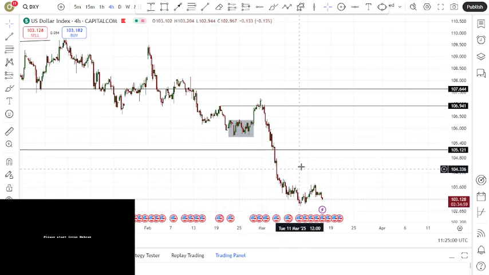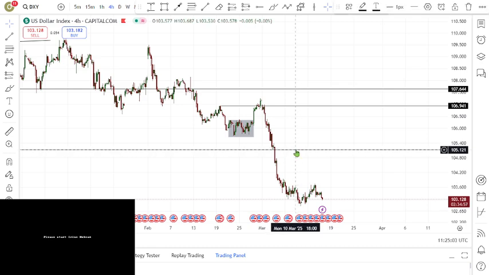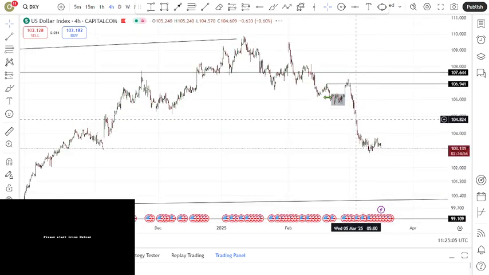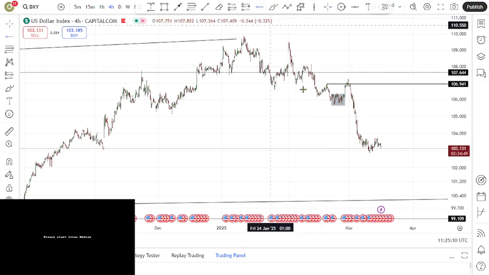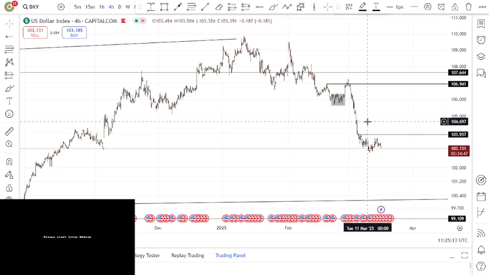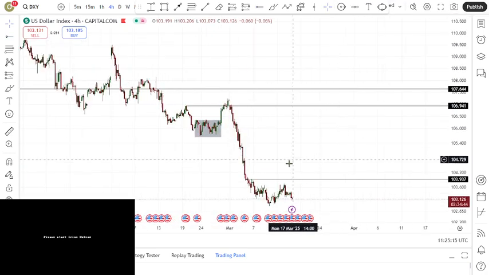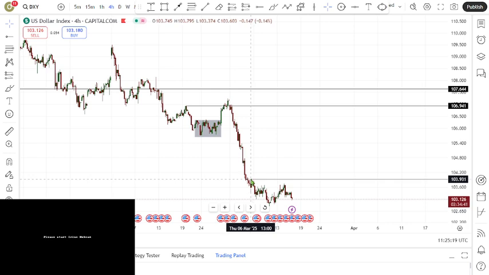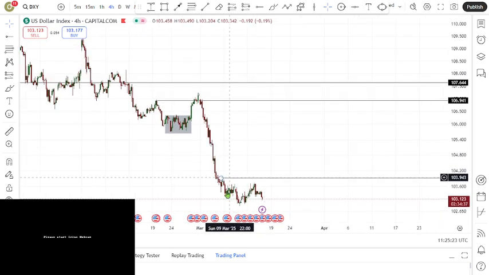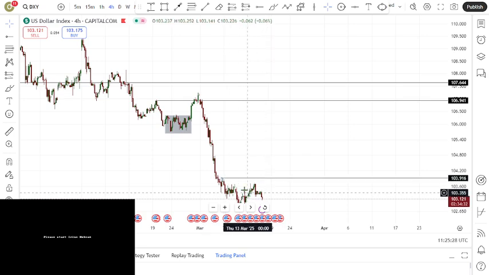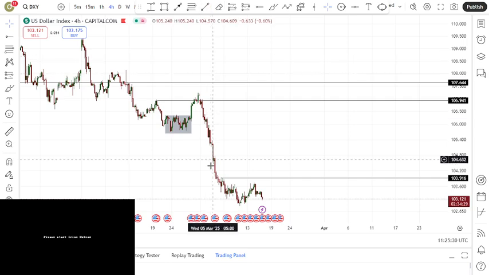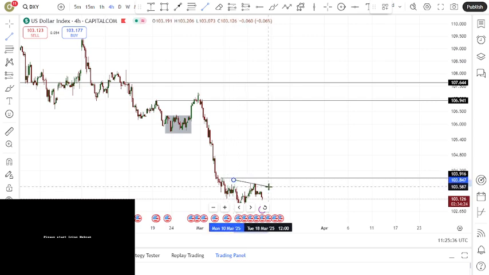Now I will delete this because there's likely a trend. There's no structure where I would say price should stop. The price has a little gap where I see.